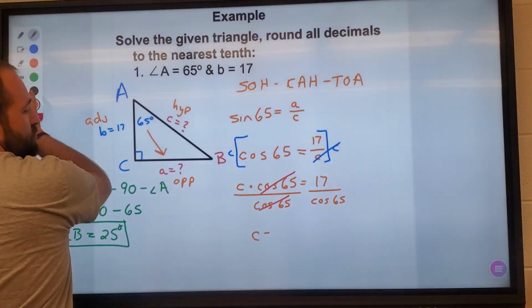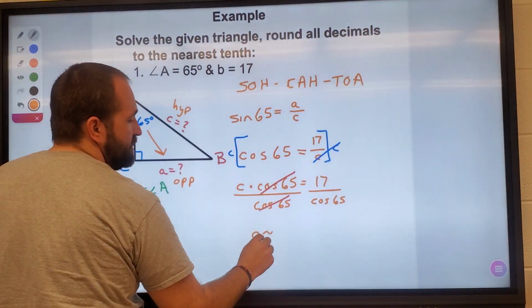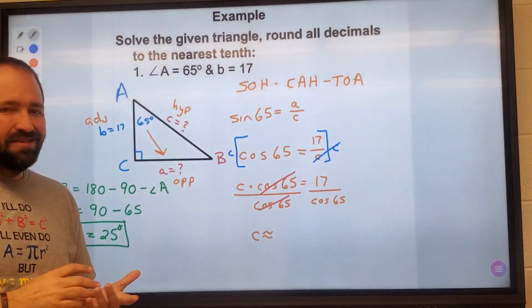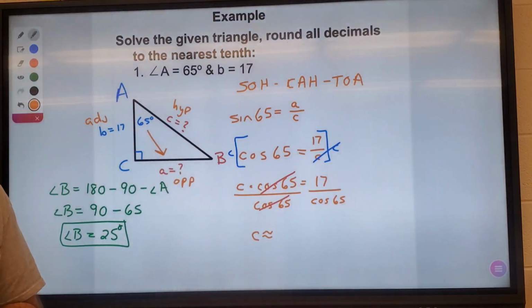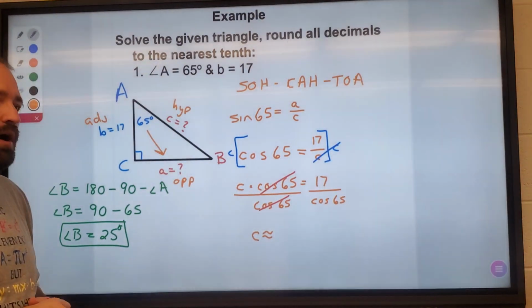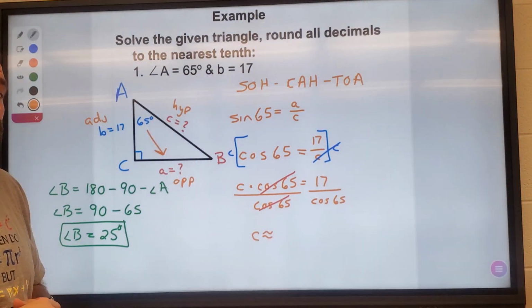And then I'm going to simplify by plugging this into a calculator. The problem with doing this on something like this is that every calculator is different. They can all compute this, but the problem is, how do you plug it in? So you're going to have to reach out to me and ask me how to plug it into your specific calculator.